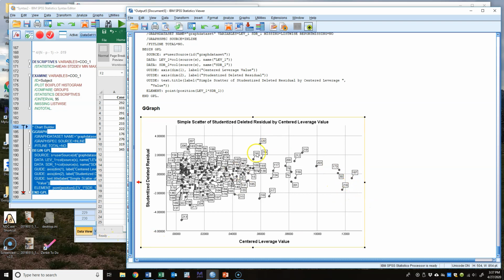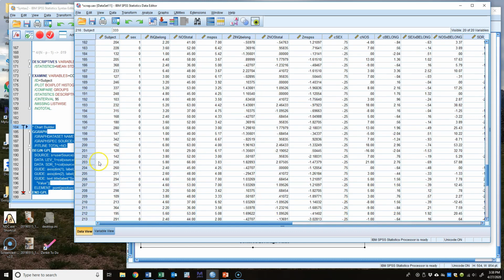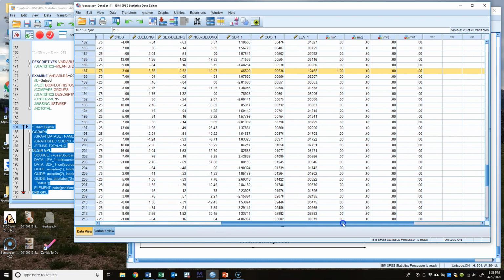These aren't subject numbers; they're the order in which the case occurs. So 187, that one way out here at the end, is case 233, and that was the case with my largest leverage value, okay?